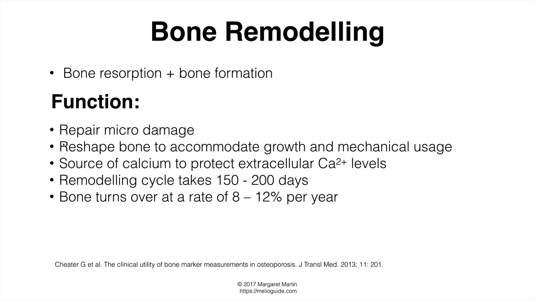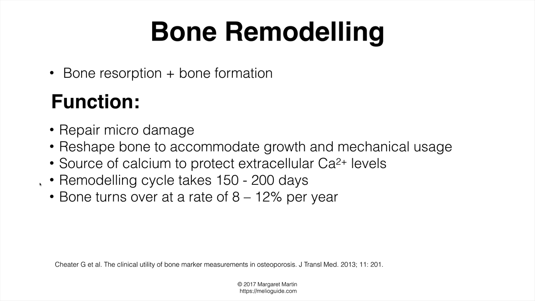Another function of bone remodeling is that it provides the body with a source of calcium, and that calcium allows the body to have a reservoir so that the extracellular calcium levels are maintained at a healthy level.